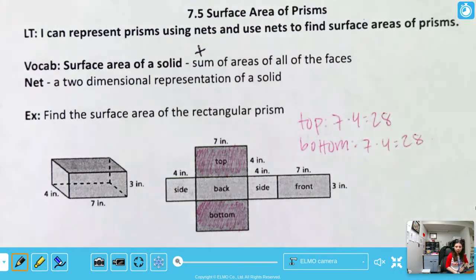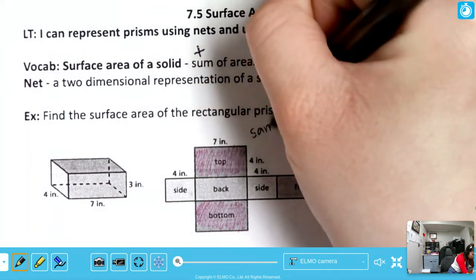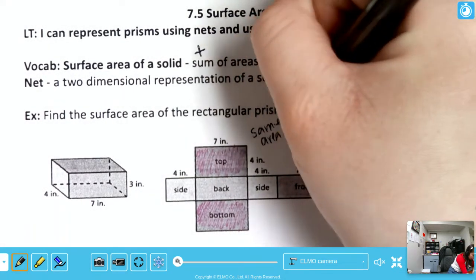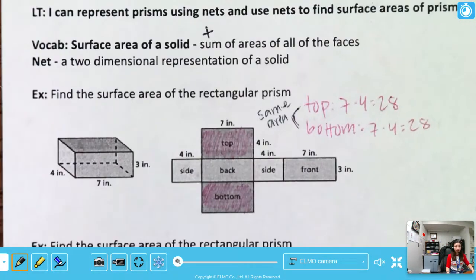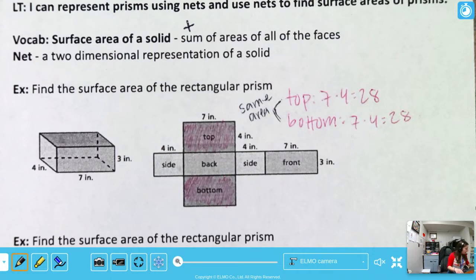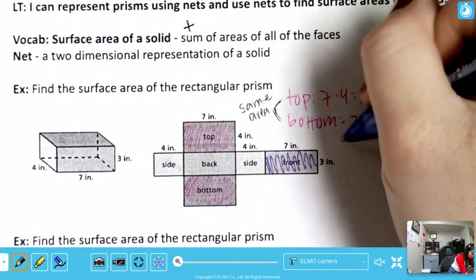And now I'm going to go ahead and actually write a little note to myself right here. I'm going to write same area so that I know in every rectangular prism, the area of the top and the bottom are going to be exactly the same. Next, I'm going to do the area of the front. So I'm going to color the front in a different color, purple. The front is again a rectangle.